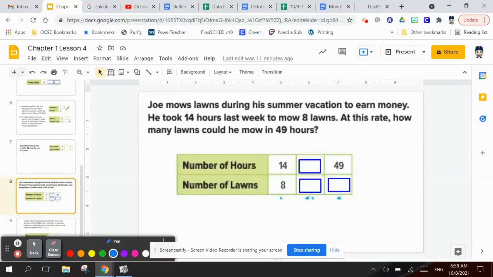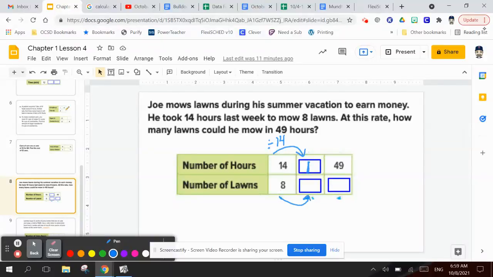I want to find out how many lawns he can mow in 1 hour. So, again, in my ratio table, I'm going from 14 to 1. That means I have to divide. I have to divide by 14 because 14 divided by 14 is 1. It has to be the same number.